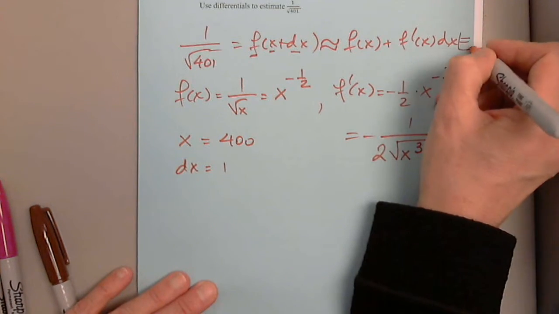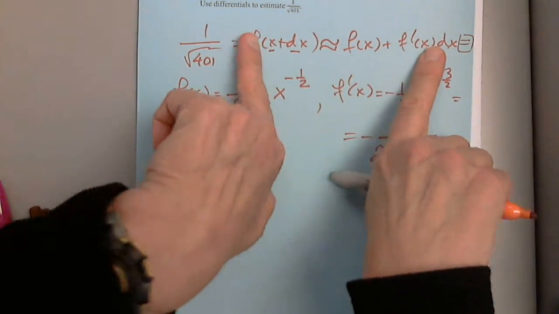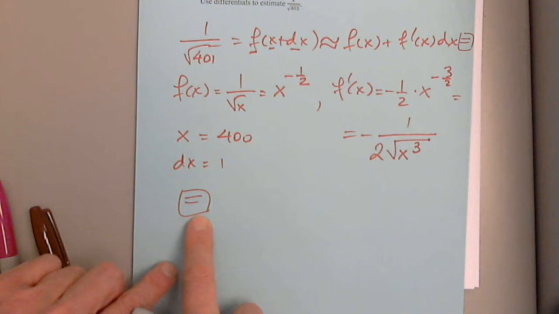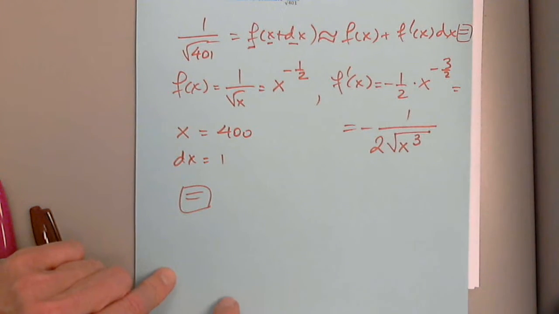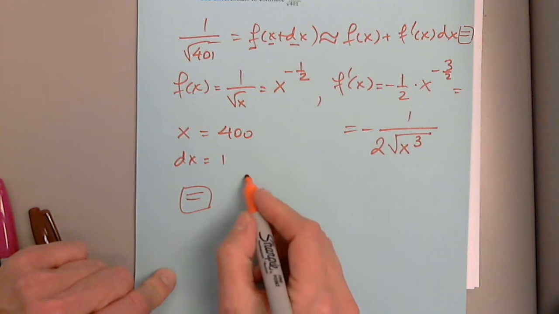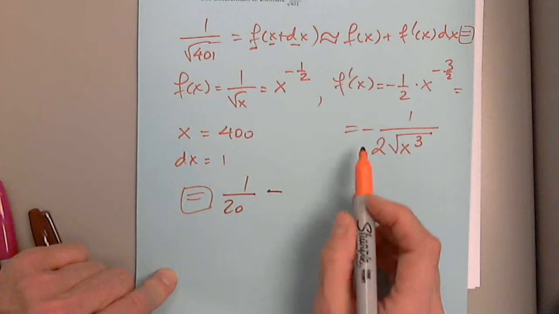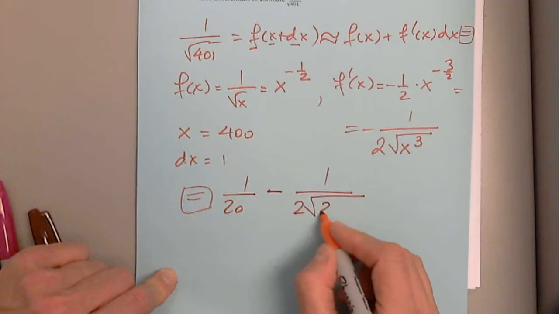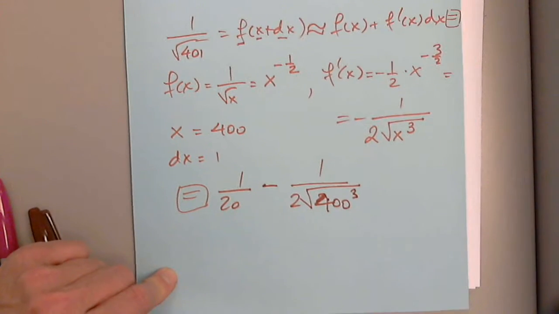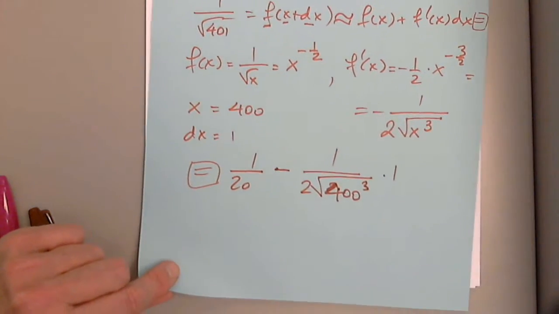Now this will be equal for sure. These two sides are not equal, but this equals that. F of 400 is 1 over 20 plus, I should write minus, 1 over 2 times the square root of 400 cubed, and times dx, which is 1.